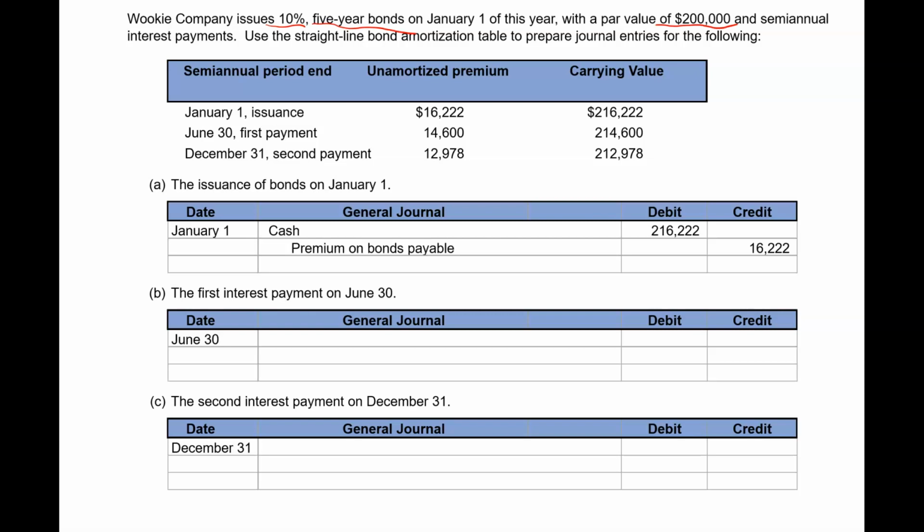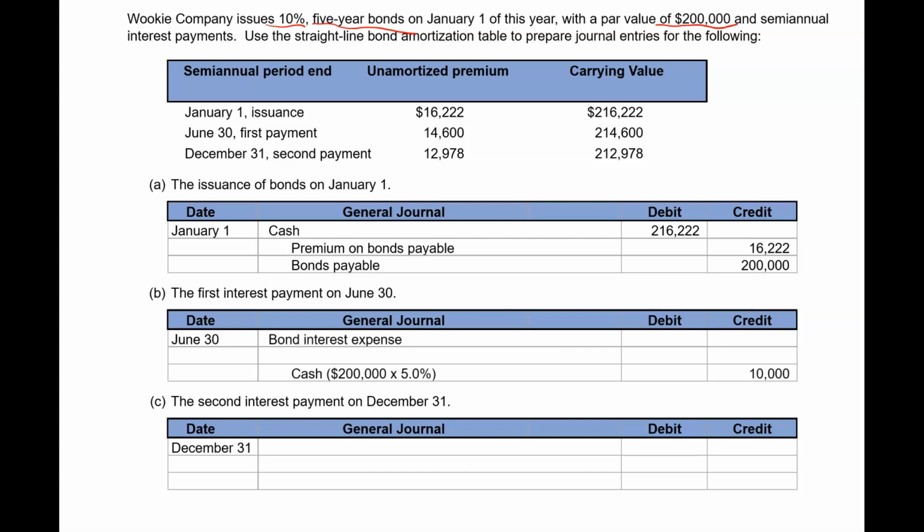Debit cash, the $216,222, and credit premium on bonds payable, the $16,222, which is $216,222 minus the $200,000 par value. And then credit bonds payable for the $200,000, because that's all that the company has to pay back at the end.